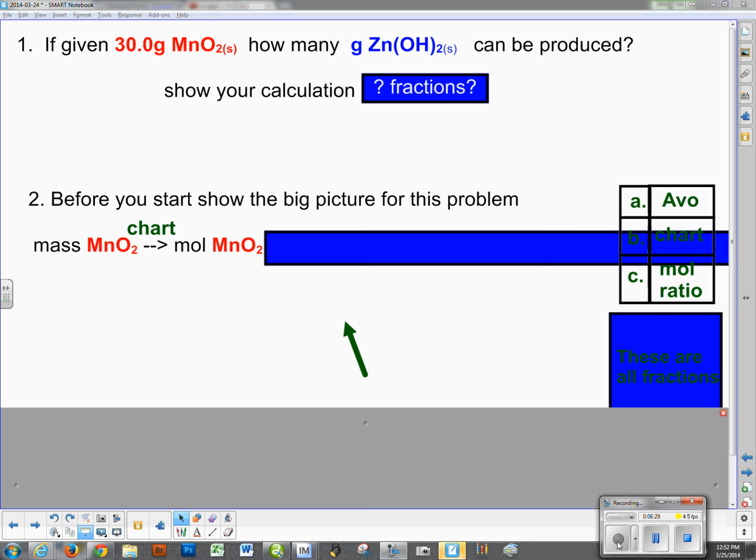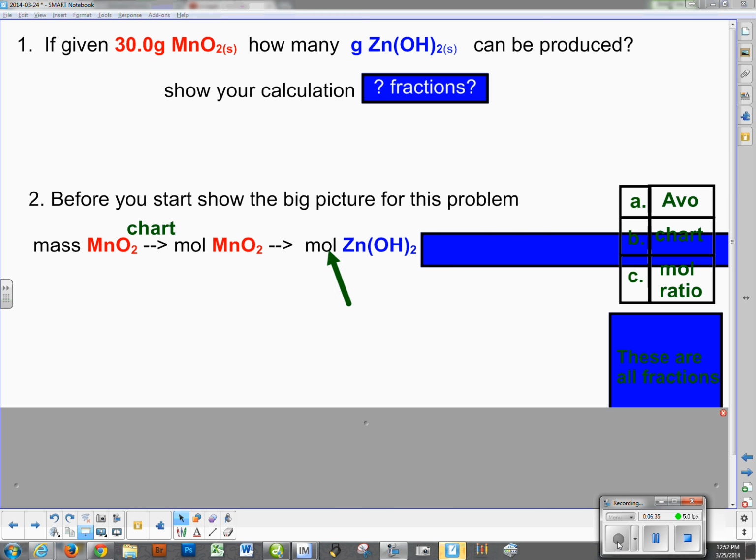And then we're going to have to get moles into moles. Where did this come from? The ratio is going to be in this guy. We're going to have a mole ratio to get us into this guy. And once the chart has given us the moles of manganese, then we're going to use the mole ratio to get the moles of zinc hydroxide.